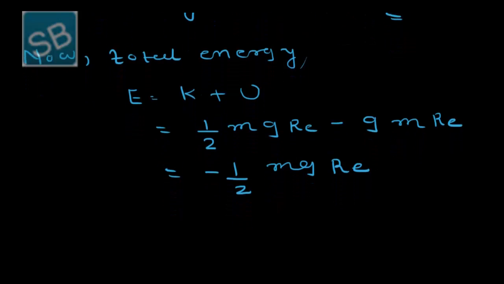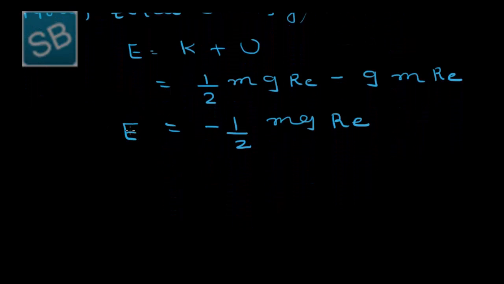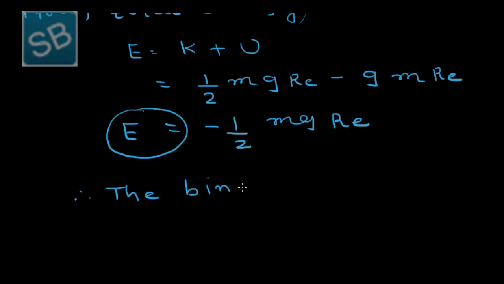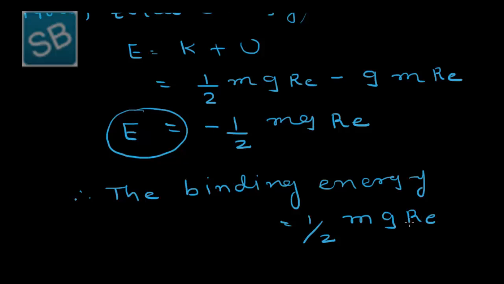As we know the relation between binding energy and escape energy, suppose this is the total energy, then the binding energy is equal and opposite to this. Therefore, the binding energy is 1/2 mgRe, because it is equal and opposite to the total energy. And with this, our illustration number 12 is over.